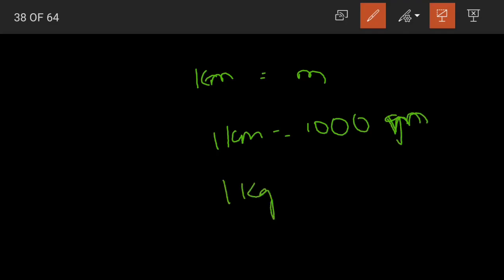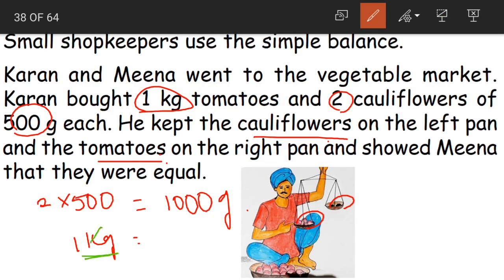In the same way, 1 kilogram is equal to 1000 grams. Understood? So here 1 kilogram means how much, children, in terms of grams? It is nothing but 1000 grams.